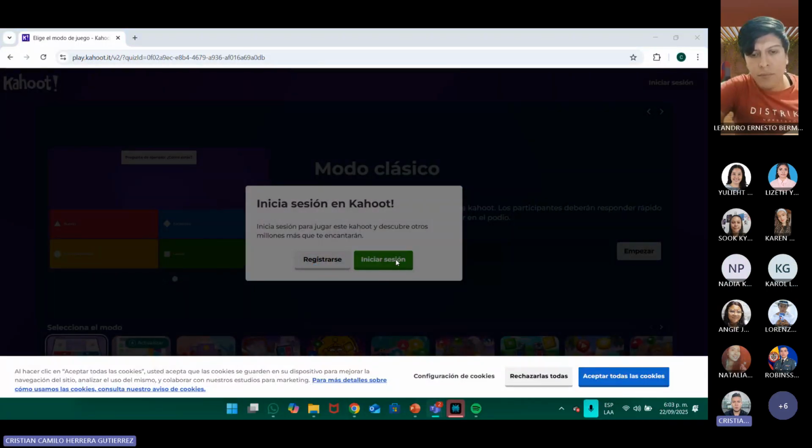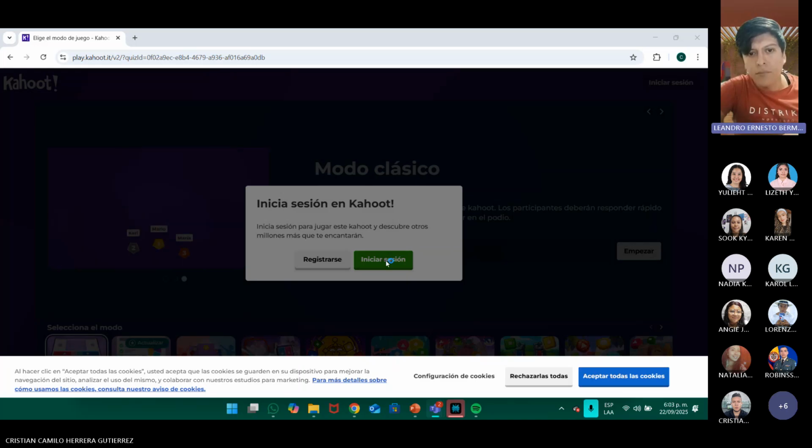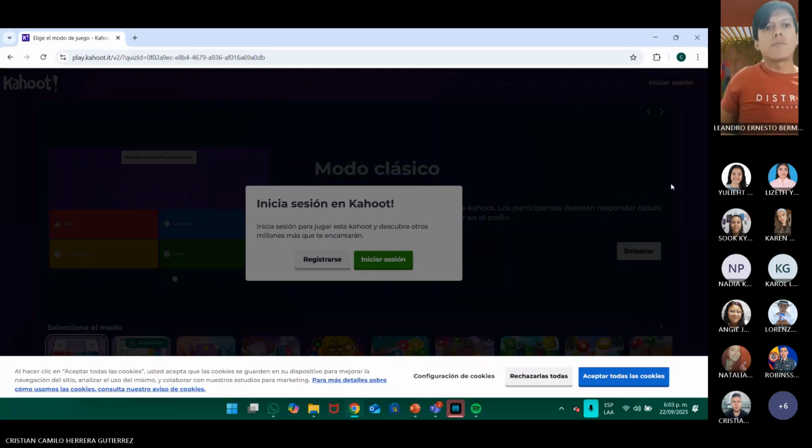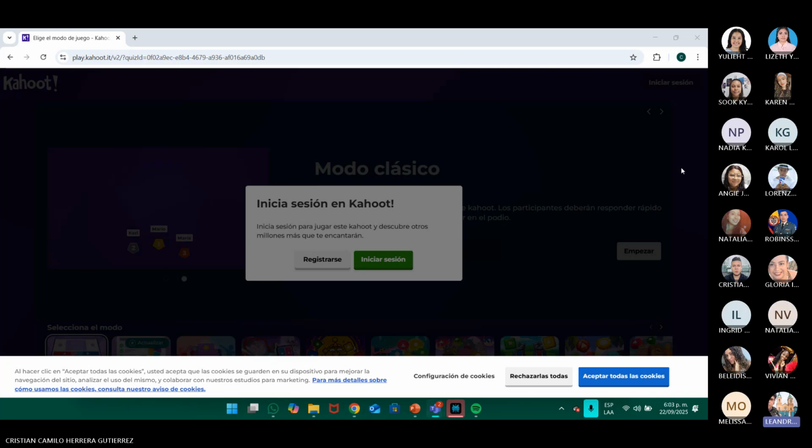It's asking me to log in. I don't know if it will be better if you share the screen, Leandro, because it's asking me to log in. Okay. So, 1 moment.